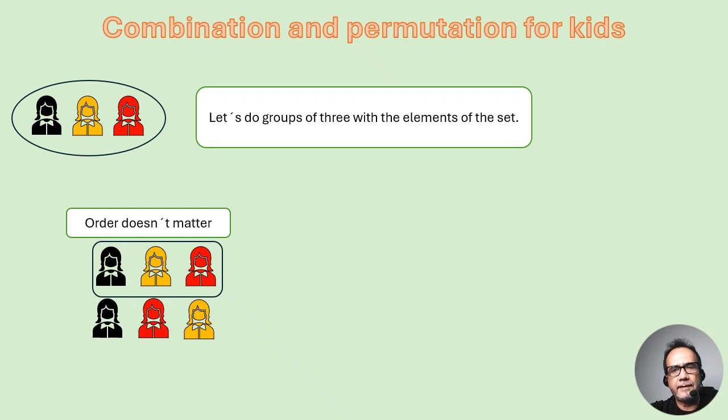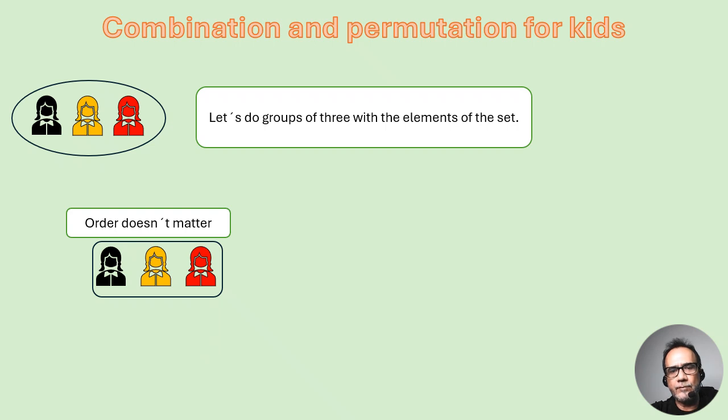Someone could say that we can do another group. But really, this second group is exactly the first one. Both groups have the same elements. The difference is that they are in a different order. But remember that in this case, the order doesn't matter.